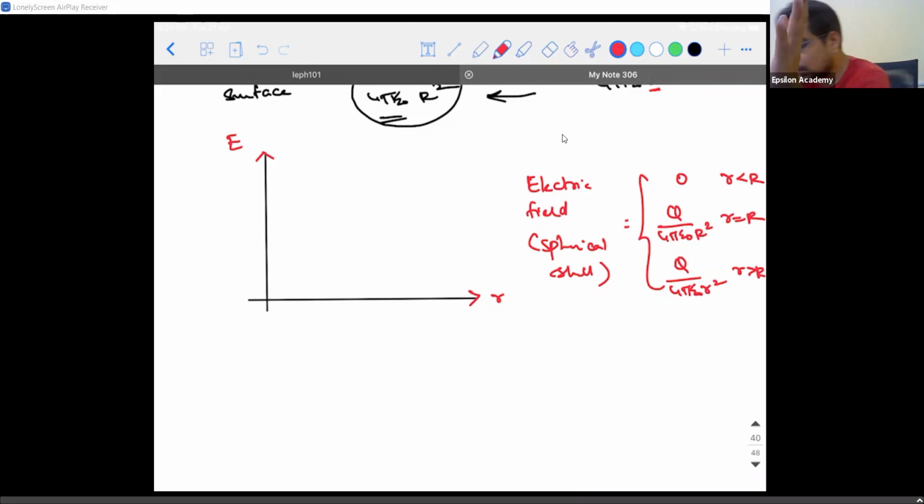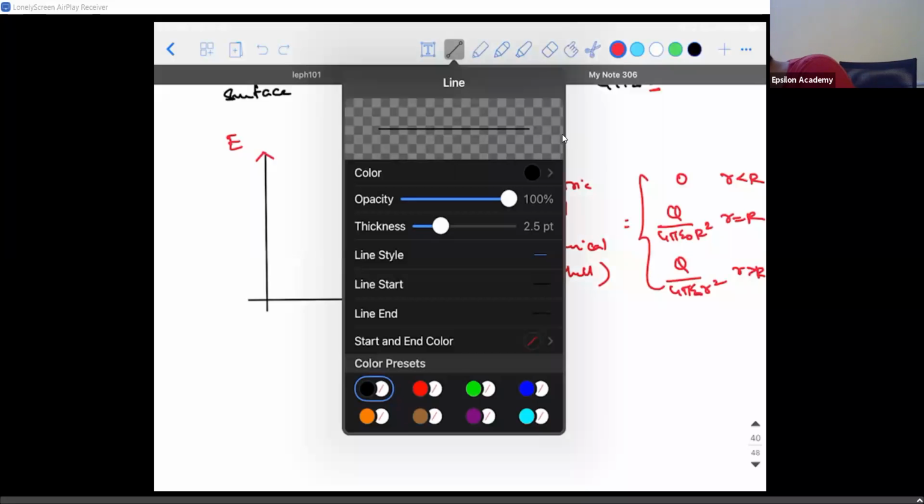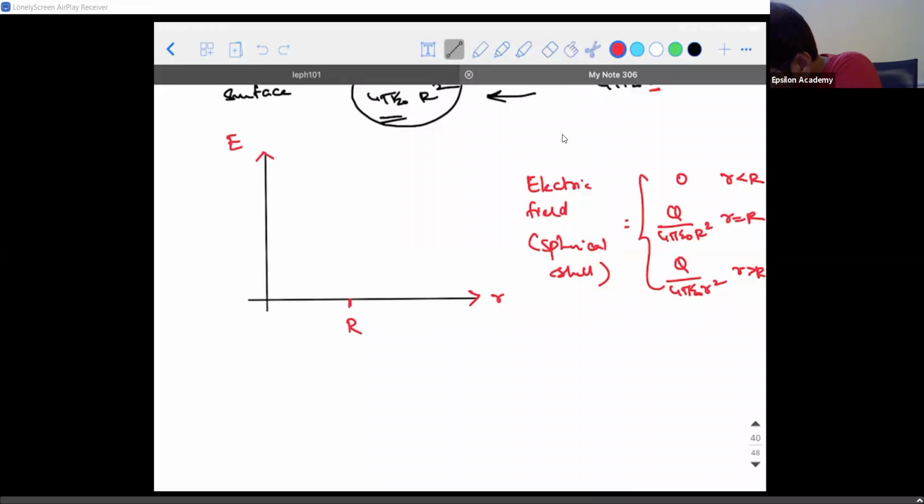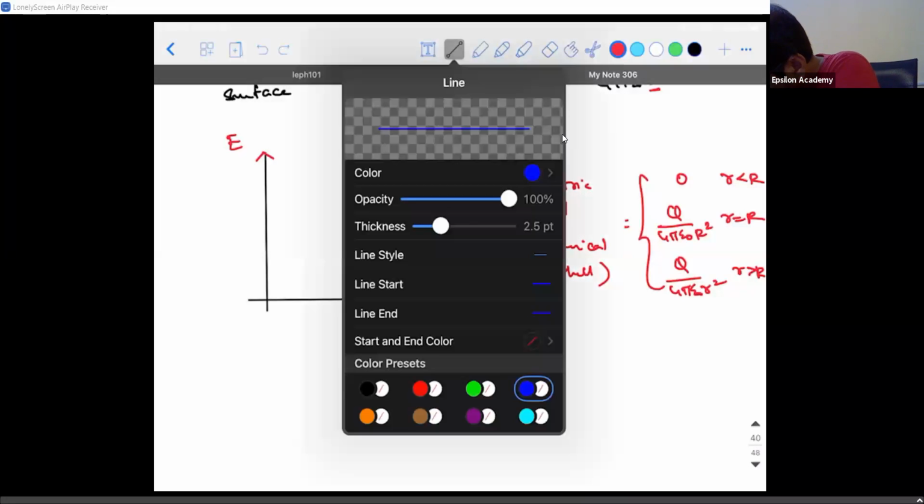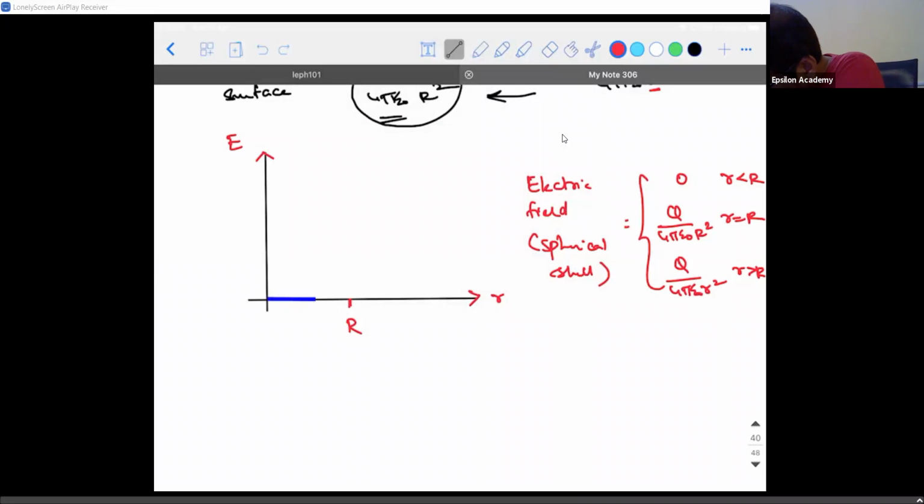Correct? Now see. If I take capital R as the threshold value, I have to observe what is going to happen on the left of capital R and right of capital R. From 0 to capital R, the electric field is 0.